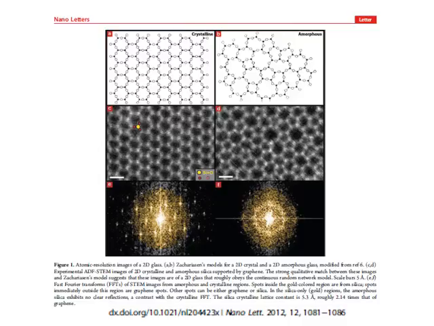The scale bar is 5 angstroms. The similarity between them is amazing, isn't it? E and F are fast Fourier transforms of scanning transmission electron microscopy images from crystalline regions at left and amorphous regions at right.